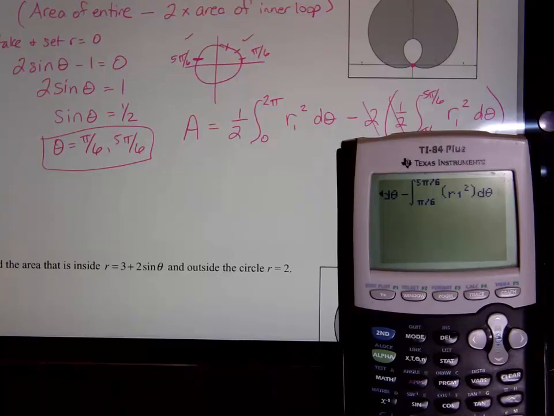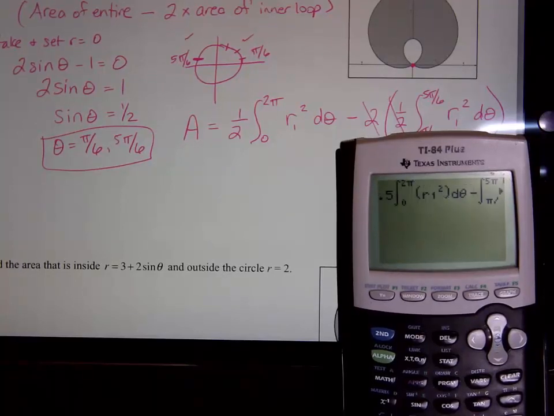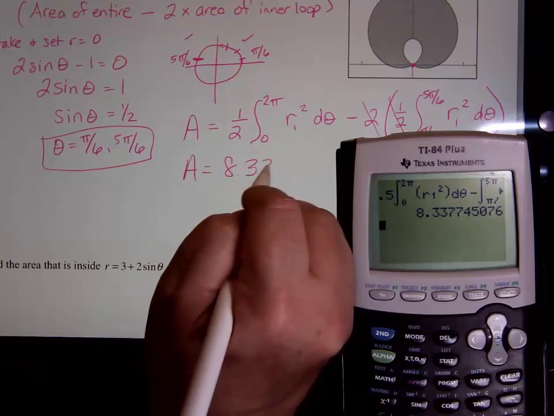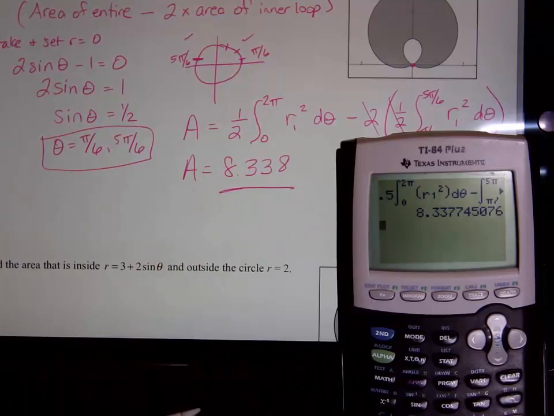When you push enter, if you typed it in correctly, you should get A equals 8.338, and that's the area of the shaded part.